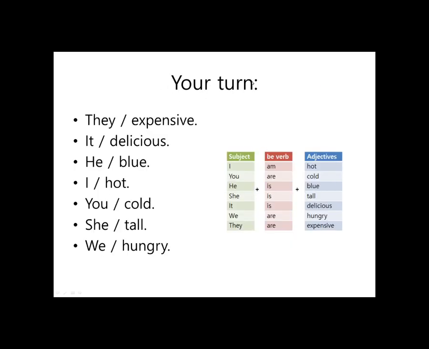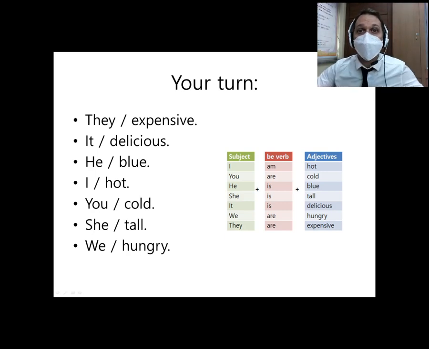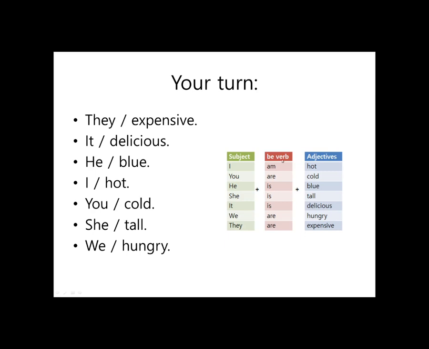Okay, so it's your turn. What I want you to do is at home in your notebook with a pencil, look at the prompts and I want you to turn them into full sentences. Okay, full sentences using the be verb, the correct be verb. So, as an example, we say they, that's the subject, and look at the subject table.